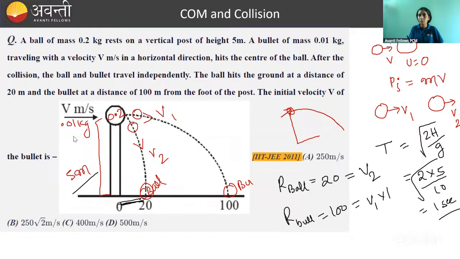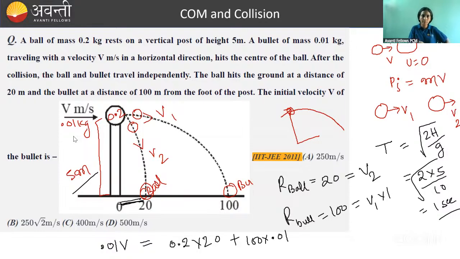Now what do you have to do? Do the momentum conservation. So what will we get from momentum conservation? m into v, m is the mass of the bullet. How much is it? 0.01 into v is equal to final momentum. Write the mass of the ball, that is 0.2 kg, and what is the ball's speed? 20 plus, and this is the bullet, 100 into 0.01.